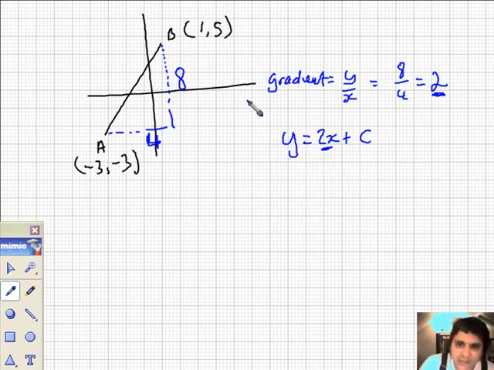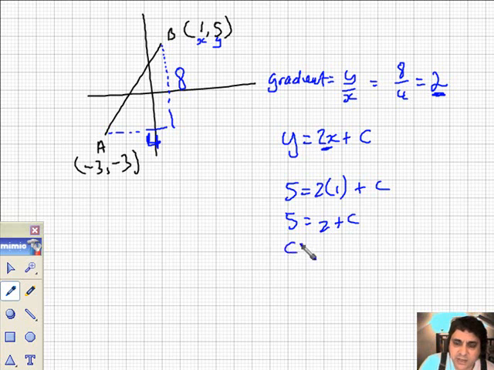I want a proper equation here. So there's the x value, there's the y value, here I go. So 5 equals 2 times 1, because the x value is 1 there, plus intercept. So 5 equals 2 plus intercept. The intercept must be 3. So what's my equation? Y equals 2x plus 3.